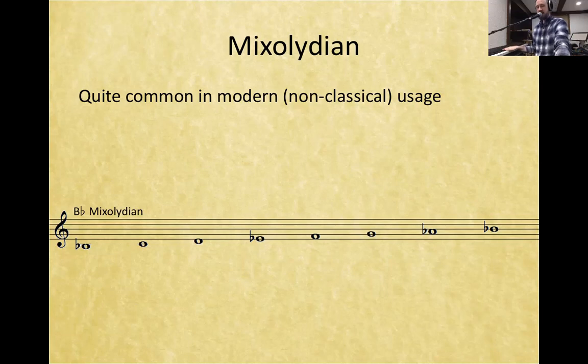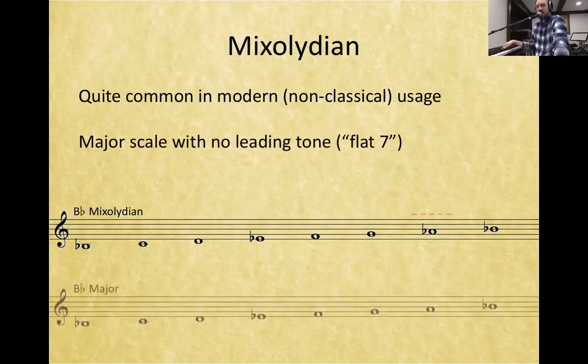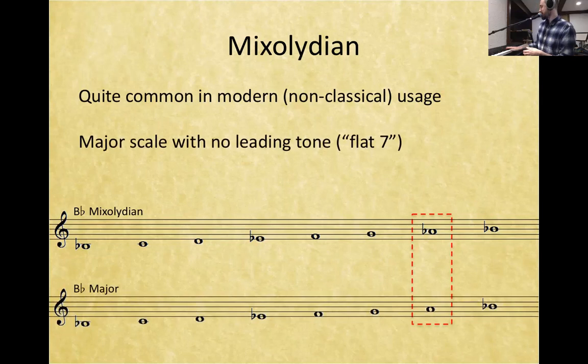Well, I hope you notice that we have A flat here. So this is basically a B flat major scale, except instead of having Ti, Do, we've got Te, Do, right? So the color tone in Mixolydian is the flat 7. And that's what really makes it sound different.